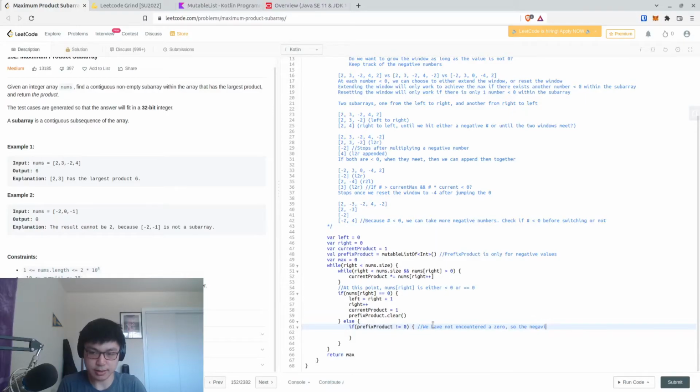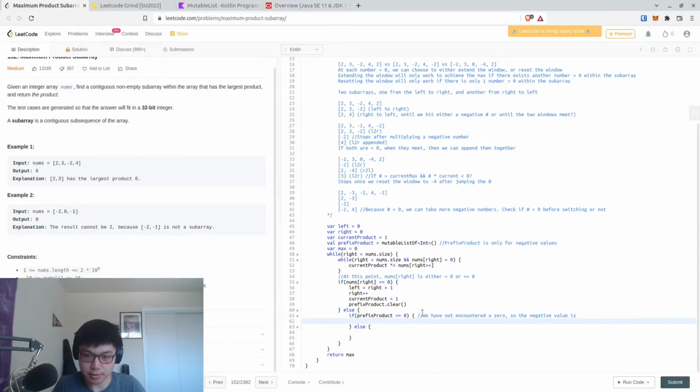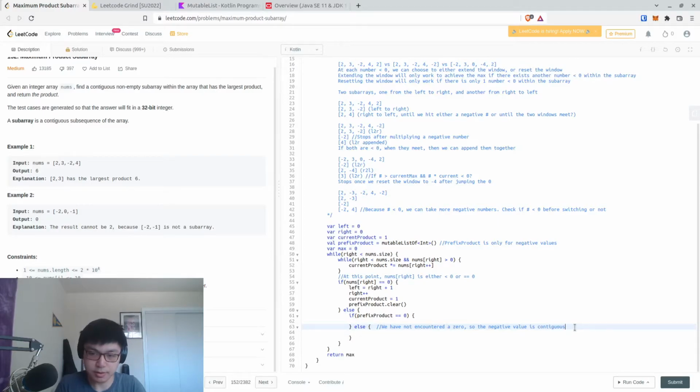So the negative value is, actually, if we do this, else, contiguous, we have encountered a 0. We have either encountered a 0, or this is our first.